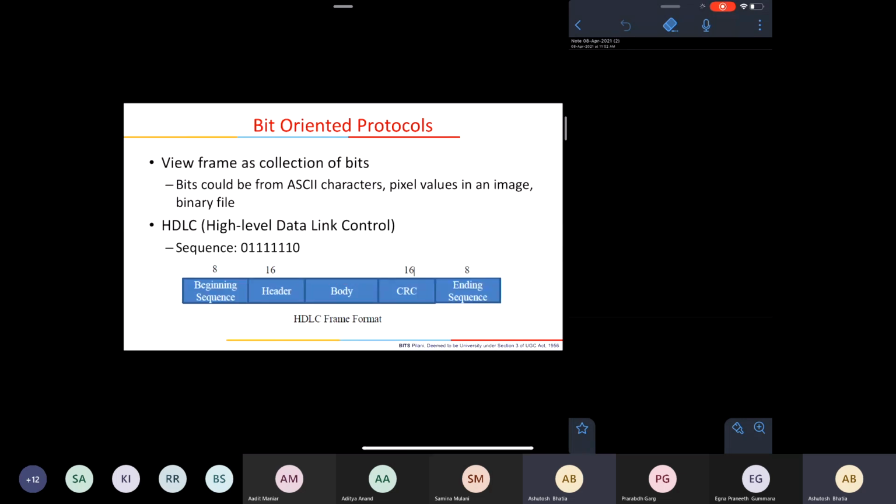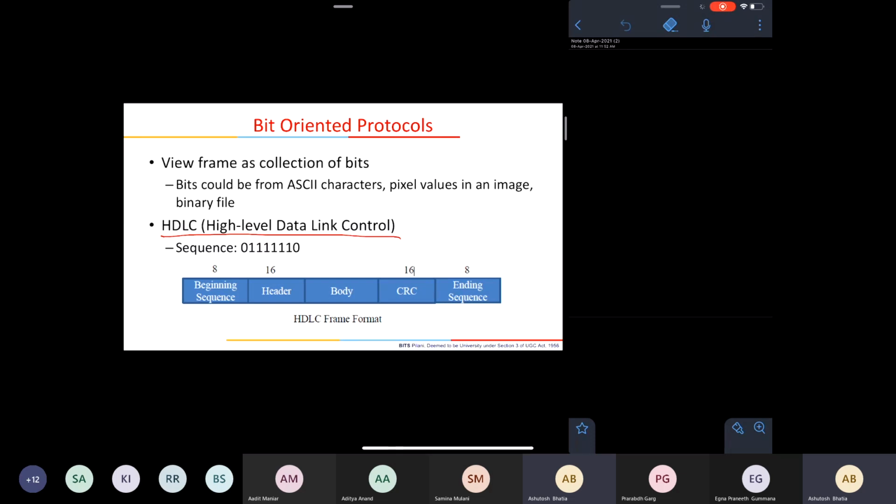Okay, now similar to the byte oriented protocol, you also have bit oriented protocol. An example of a bit oriented protocol is HDLC, the high level data link control protocol. In our times this used to be taught very heavily, but nowadays it is not used.